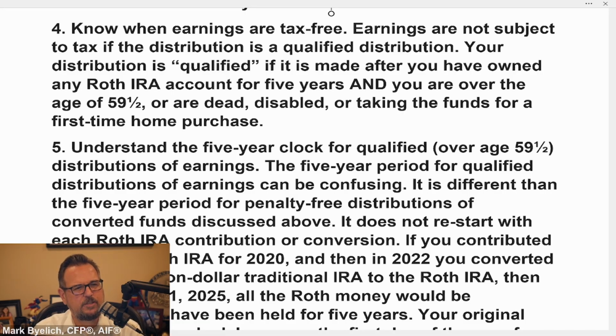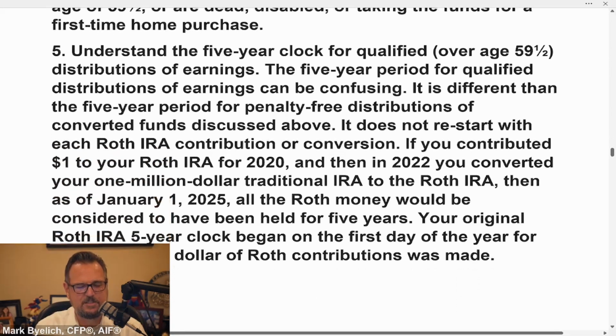Your distribution is qualified if it is made after you have owned any Roth IRA account for 5 years and you are over the age 59 and a half, you are dead, disabled, or taking the funds for a first-time home purchase. So there are some exceptions to being under 59 and a half and having these funds being qualified. You have to no longer be with us, disabled, or taking the funds for a first-time home purchase.